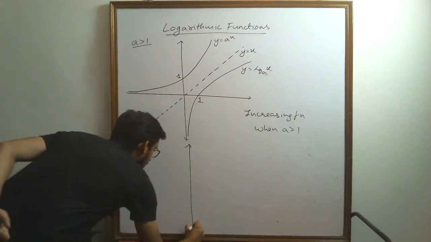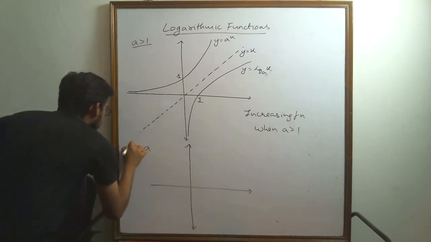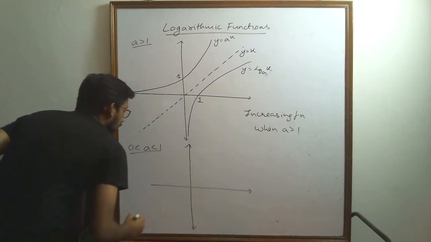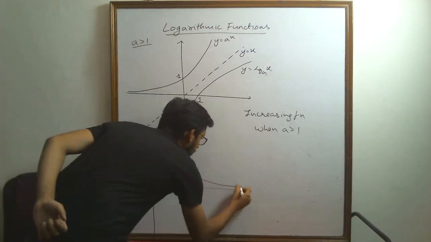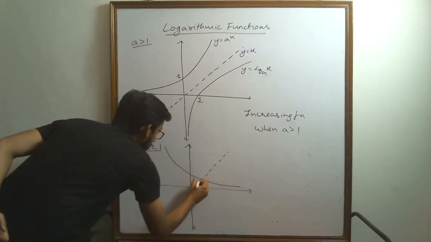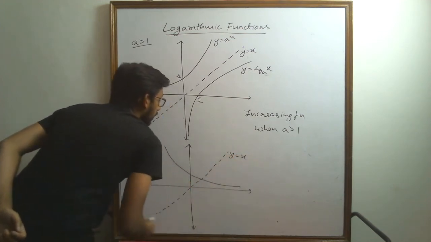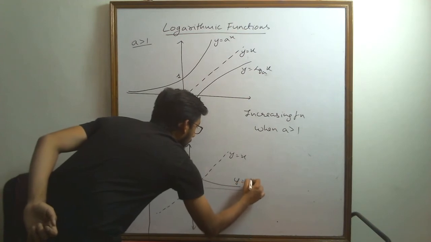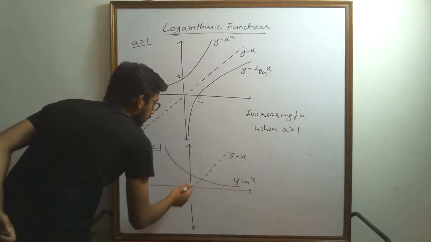Now when a is less than 1 but more than 0, that is a is greater than 0 and less than 1, the graph of the exponential function is like this. Line y is equal to x is this. The graph of the logarithmic function will be a reflection with respect to this line.